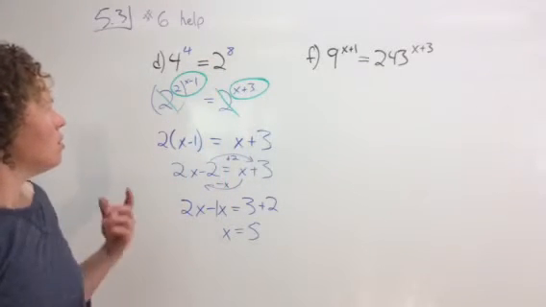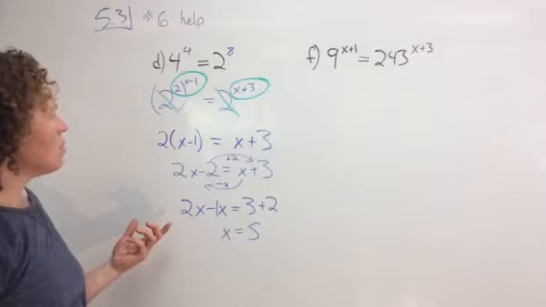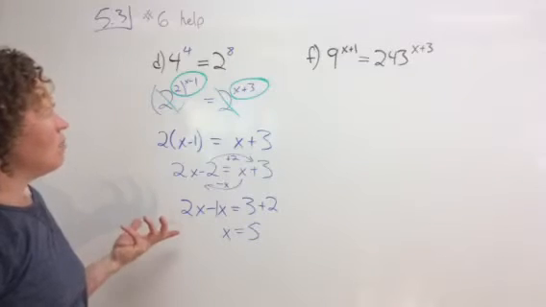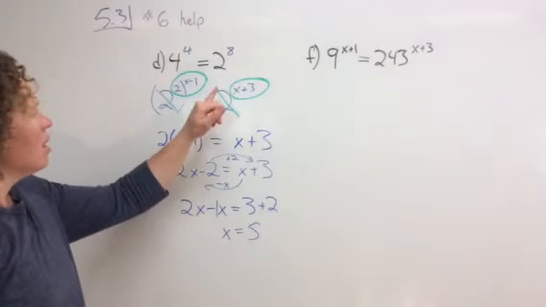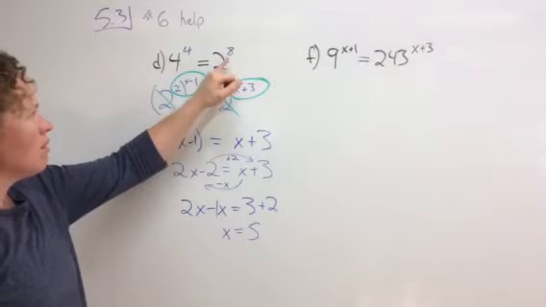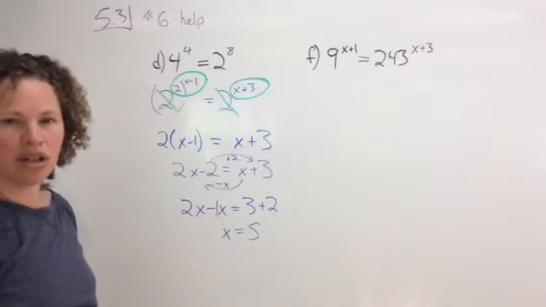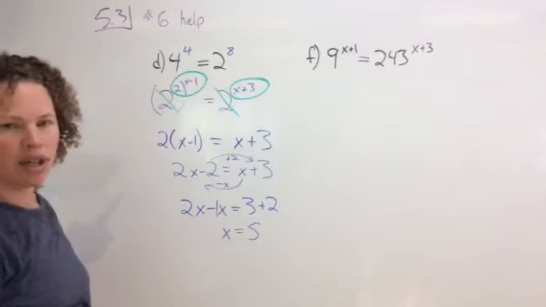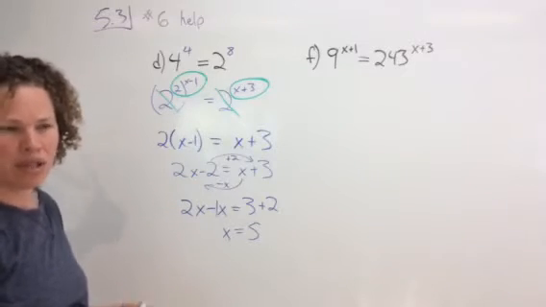If I use my calculator to figure out what those numbers are, it makes sense that they're going to be the same even if I don't know the total number, because every 4 has 2 2's in it. So if I have 8 2's, it should be the same as 4 4's. But you could just use your calculator, go 4 to the power of 4, 2 to the power of 8, and you'll see that the number is the same. It's 256, I think. Doesn't matter.